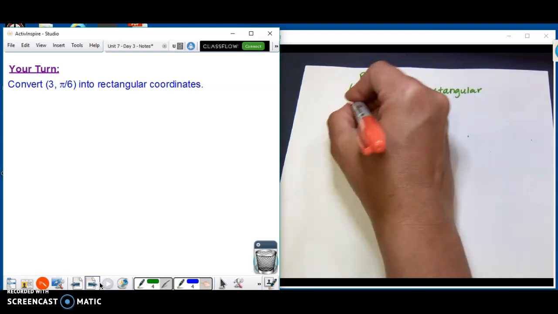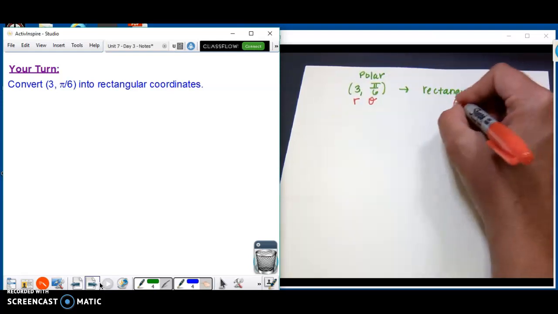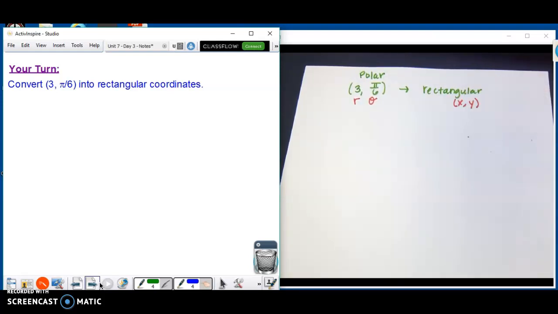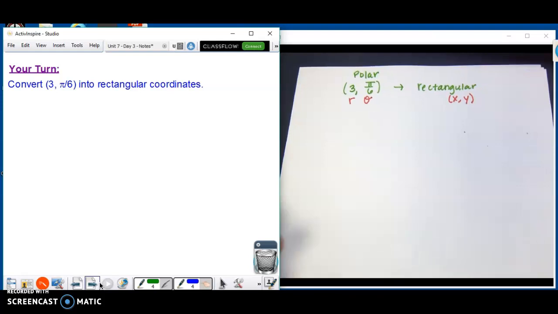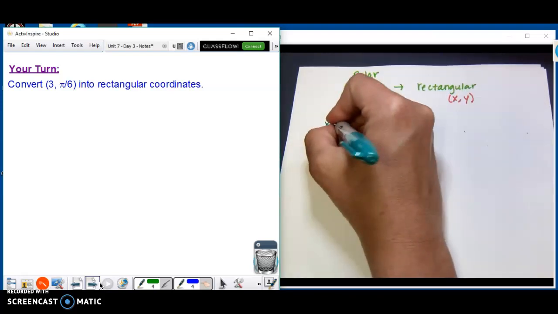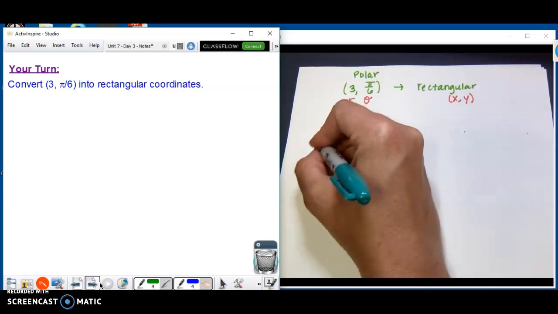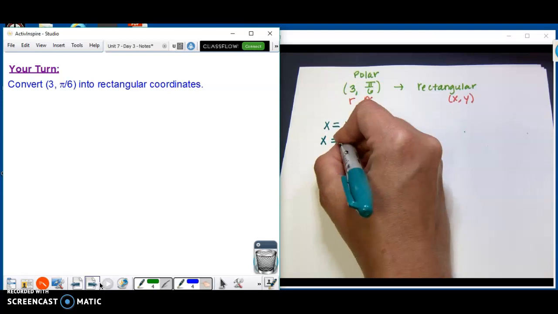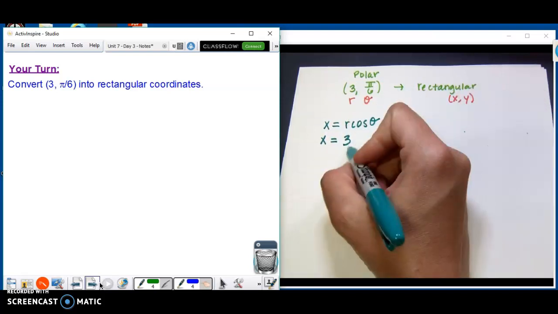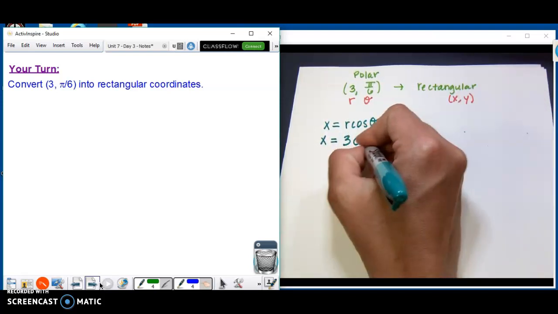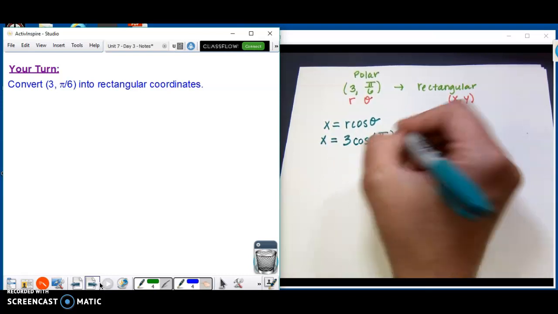Polar is r and theta, and rectangular is x and y. So we're going to be using our formulas. We have x equals r cosine theta. So x equals our radius, 3, cosine of our angle, which is pi over 6.